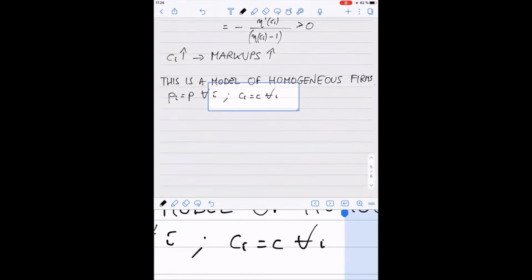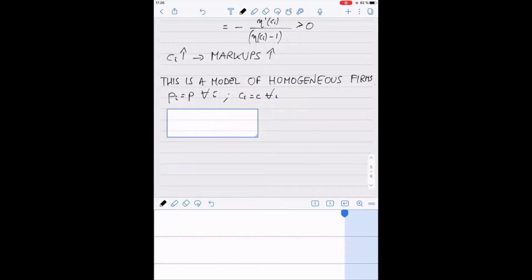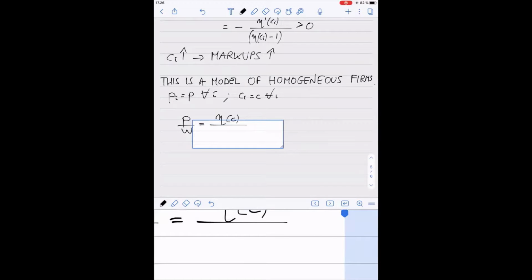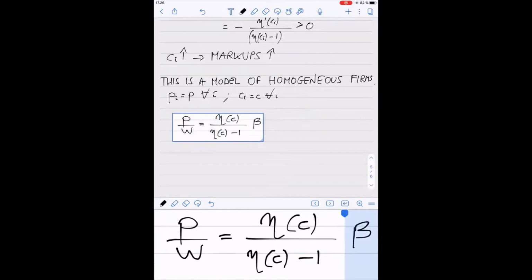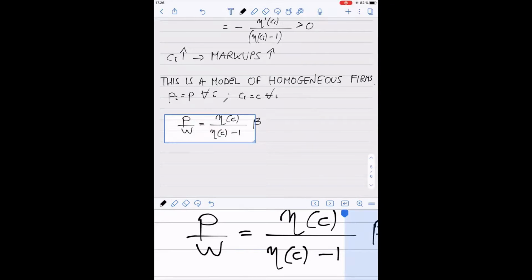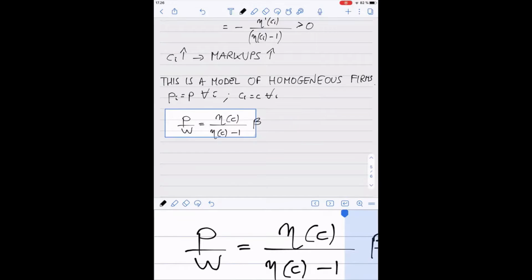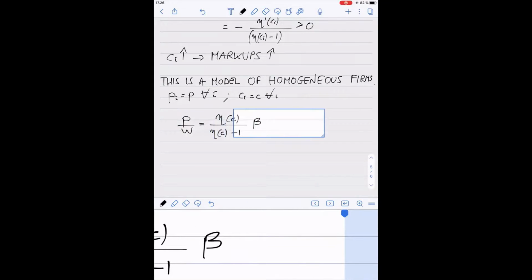But so what we have here is indeed a first equilibrium condition. It's the pricing equation, which we're going to write as P over W equals eta C divided by eta C minus 1 times beta. And we bring the W to the left-hand side just for convenience. I will talk more about that later. So this equation is a first equilibrium condition, and we're going to call it PP.